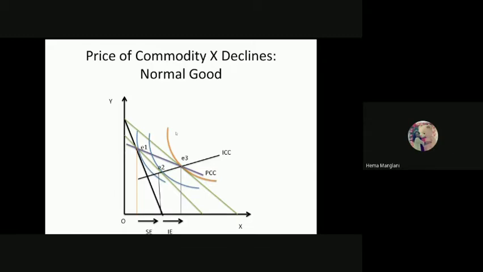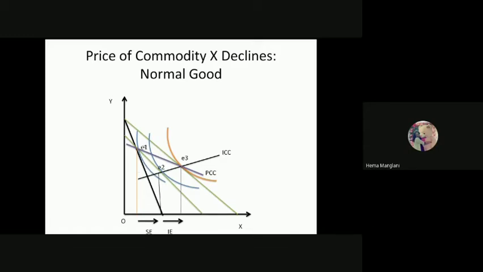It means if the consumer would like to remain on the same E1 point, then the consumer has the liberty to be there. But in case of the Hicksian substitution effect, as it is not intersected by this line or pivot, this initial consumption bundle is not attainable in case of the Hicksian substitution effect.